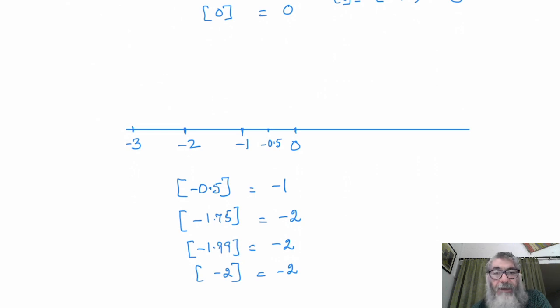That means you're moving to the left. -1 will remain -1. Between -1 and -2, it will be how much? It will be -2 only.